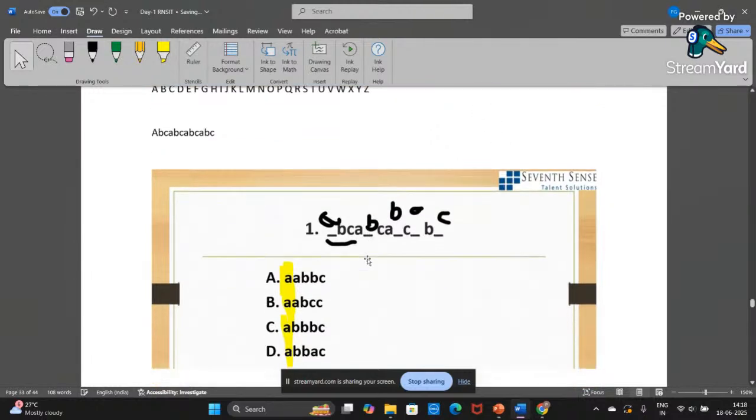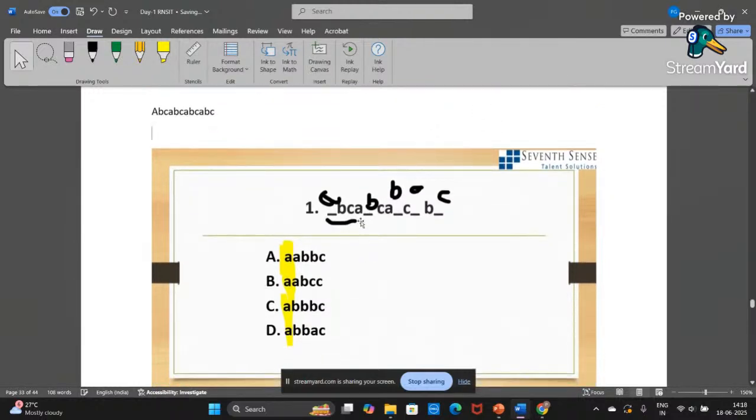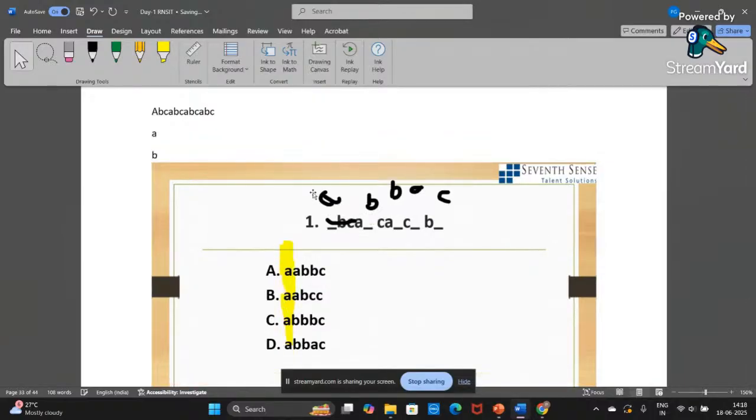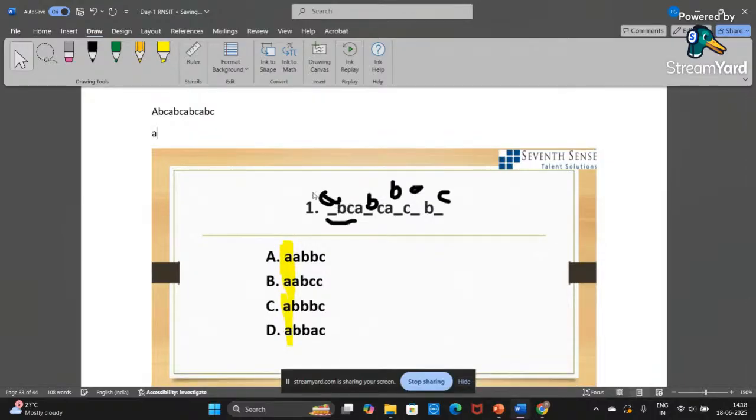So let us try with other options to see how it looks. A, B, B, C, A. Let us try with the first option. A, C, A, B. One second, it is a bit confusing.